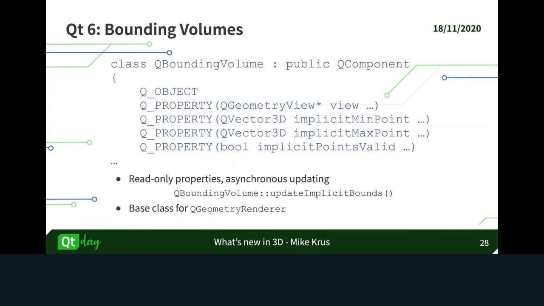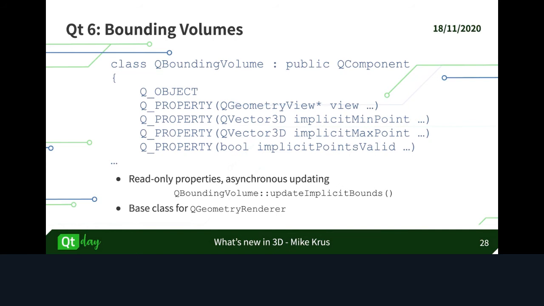And that basically has the possibility to read and write the bounding volume, the size of the bounding volume around a geometry. So you of course need a geometry view in order to specify what the mesh is. And then you get two read-only properties called implicitMinPoint and implicitMaxPoint, which are the minimum and maximum points of the axis aligned bounding volume around the geometry.